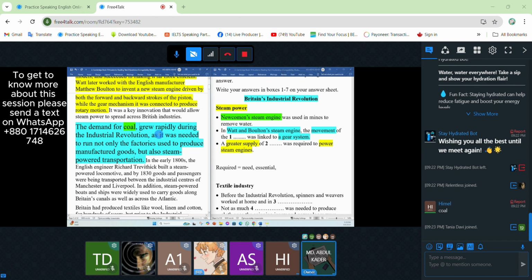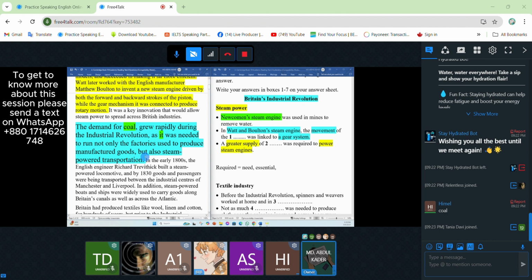So here it means coal. Coal was needed to run not only the factories, but also steam powered transportation.